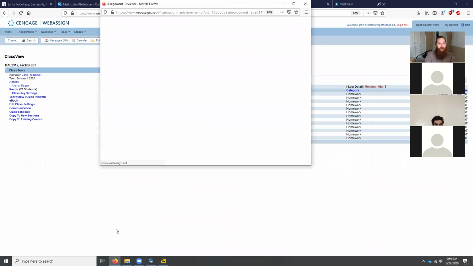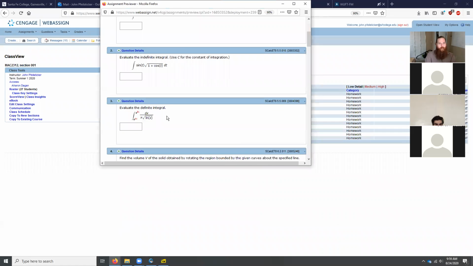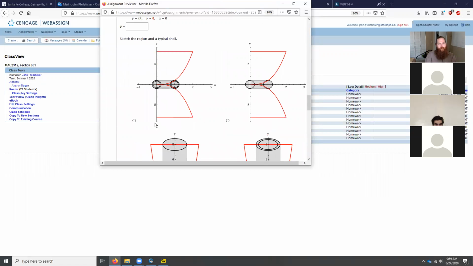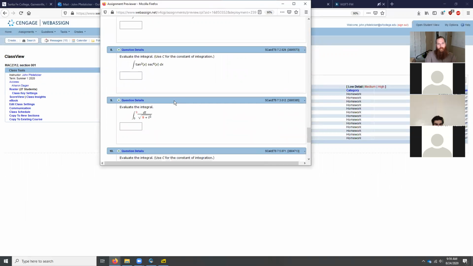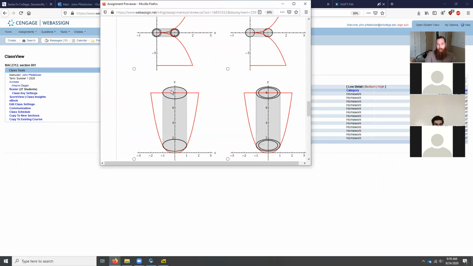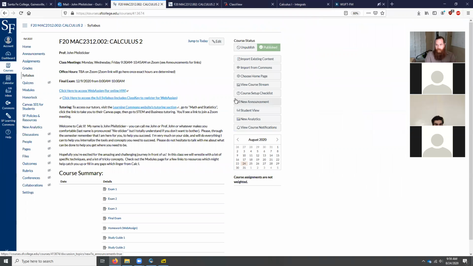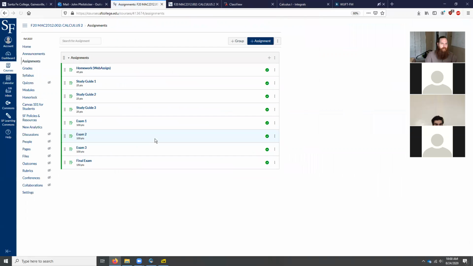But then in addition to that, you'll need to write out nice, neat, careful solutions on paper for each of these problems. Then those solutions that you write out on paper, you will scan using an app like Cam Scanner on your phone or a physical scanner if you have one, and you'll submit it as an assignment here.